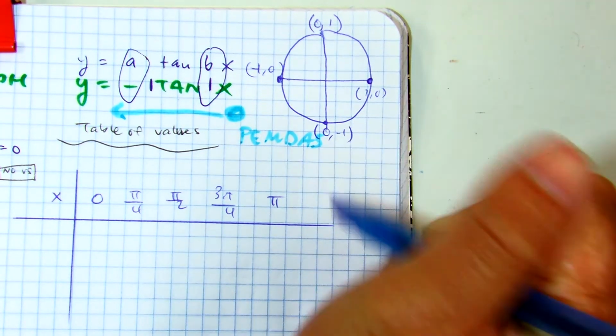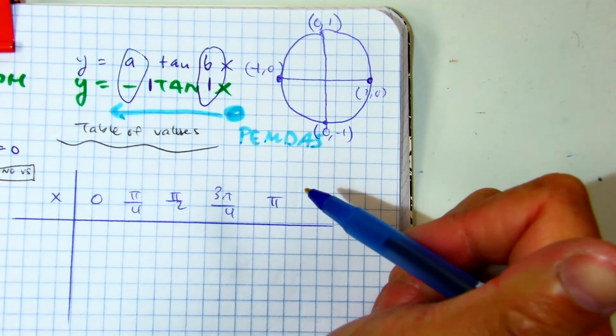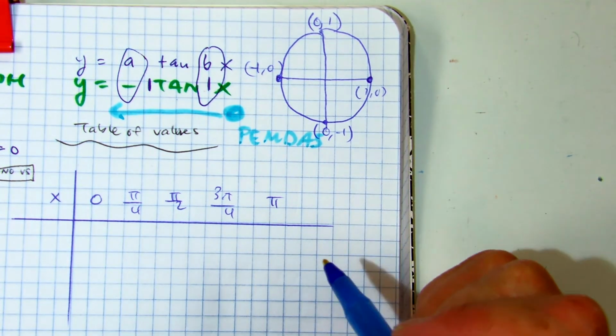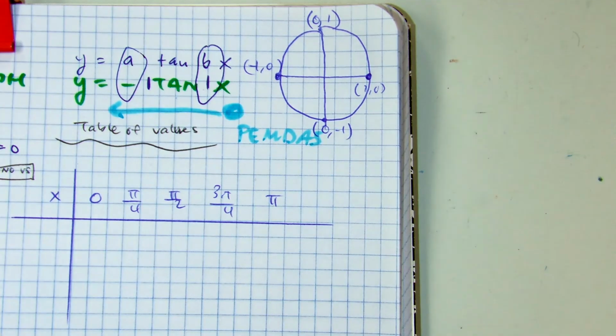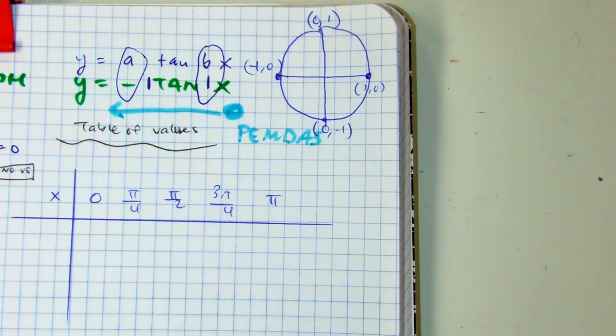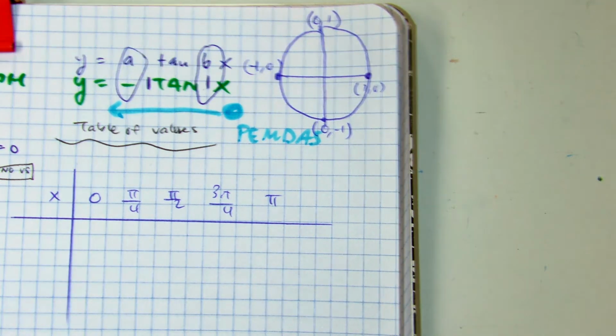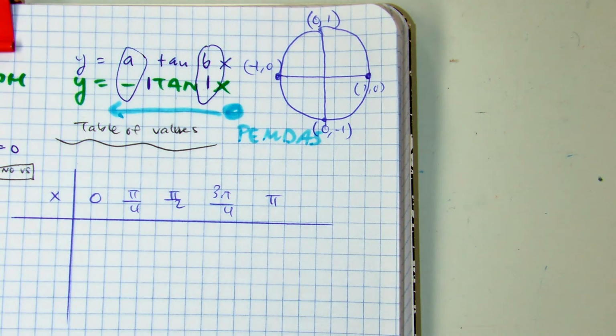Partner B, tell partner A, what's tangent in terms of x, y, and r? This was on the last chapter test. Ouch. Yes, Juan. Is it the y? Thumbs up, thumbs down?